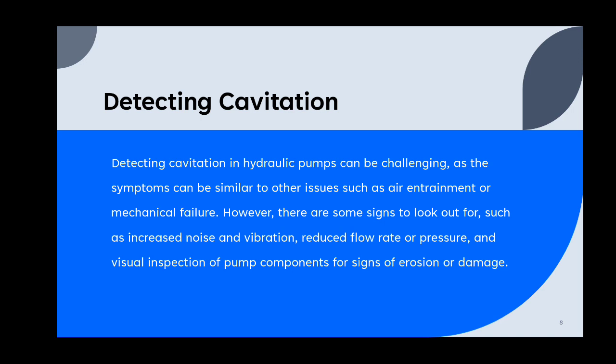However, there are some signs to look out for, such as increased noise and vibration, reduced flow rate or pressure, and visual inspection of pump components for signs of erosion or damage. So these are the detection of cavitation processes.